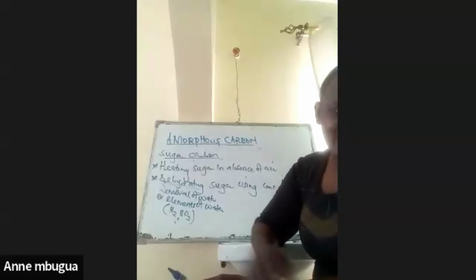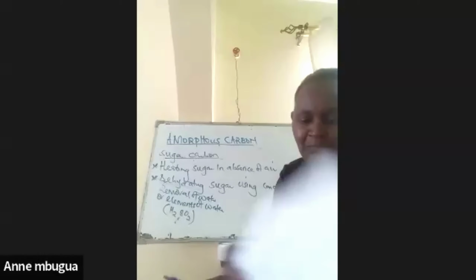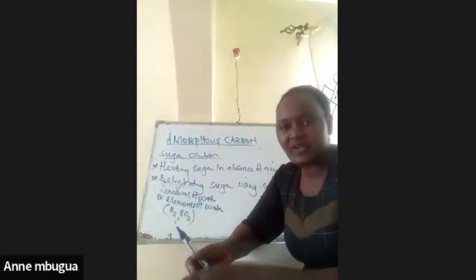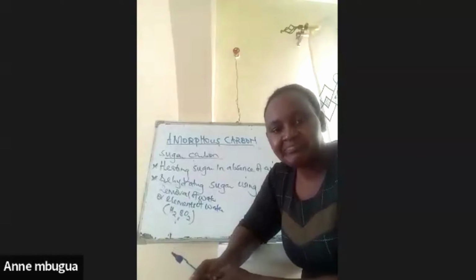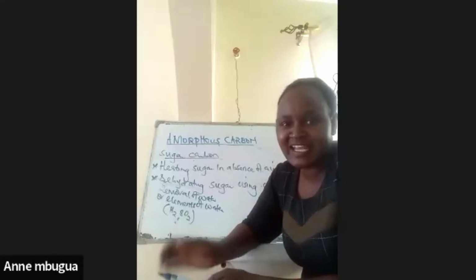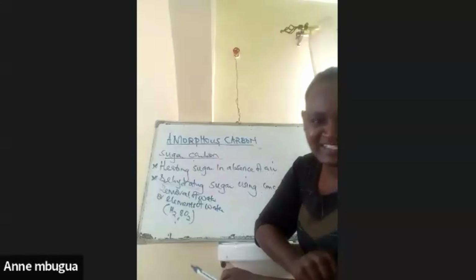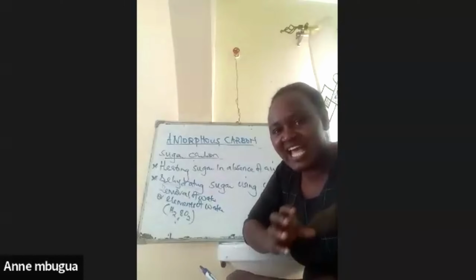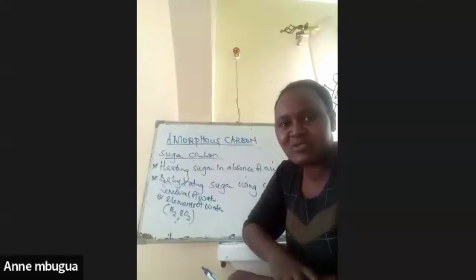Someone is requesting that I repeat on coke. So I'll repeat on how it is made. Yes, is it correct to say that fullerene is an allotrope of carbon? That is correct. Initially, I said some of these allotropes of carbon can be altered by subjecting them to heat.